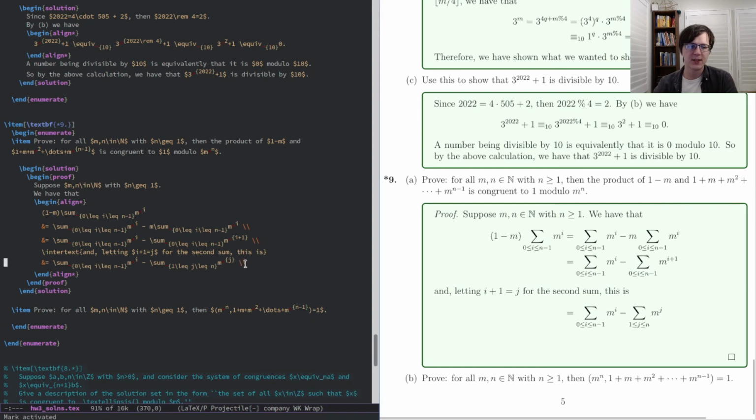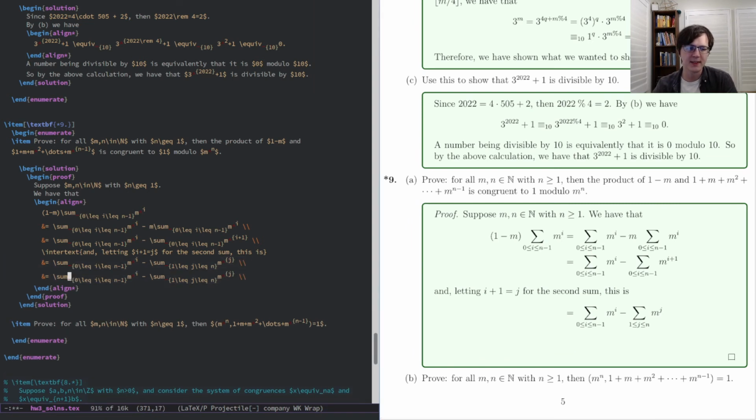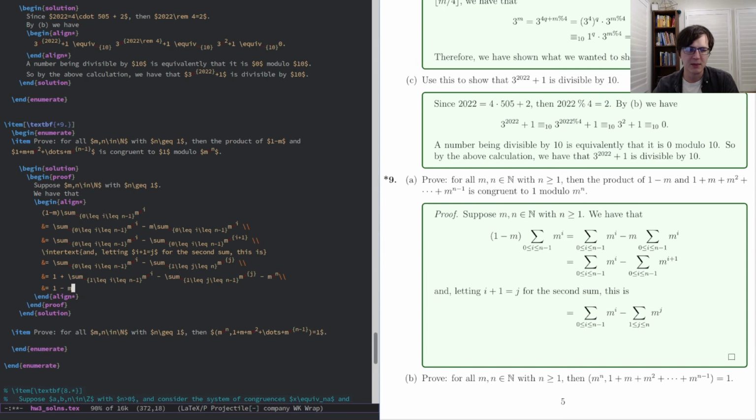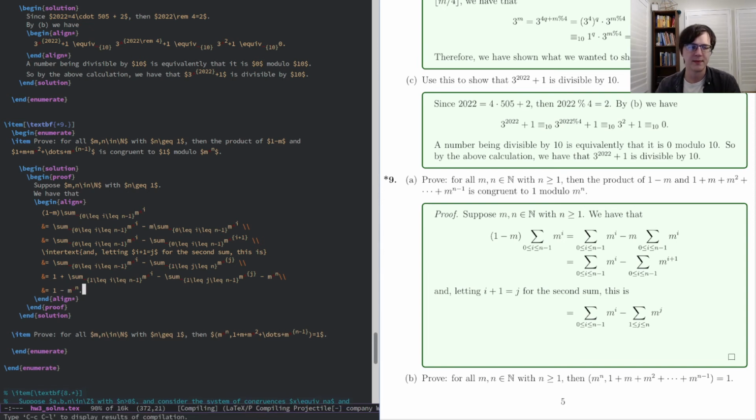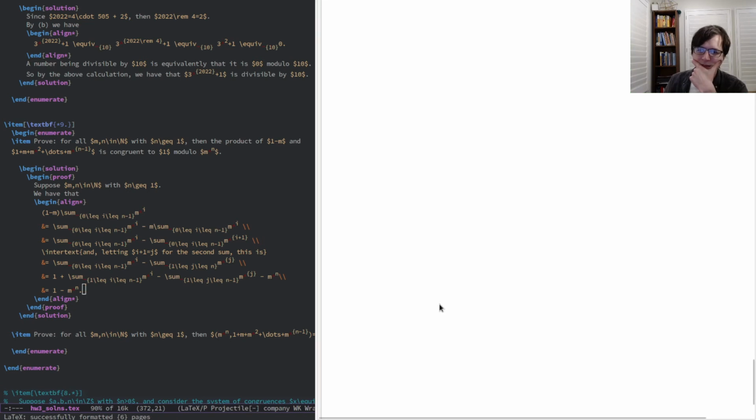Let's just show most steps. So we can take 1 plus, pop it off the front, and then pop 1 off the back. And that's 1 minus m to the n. Long story short.